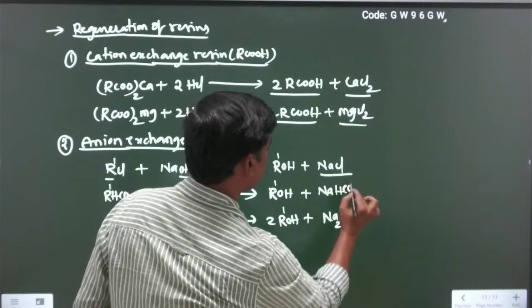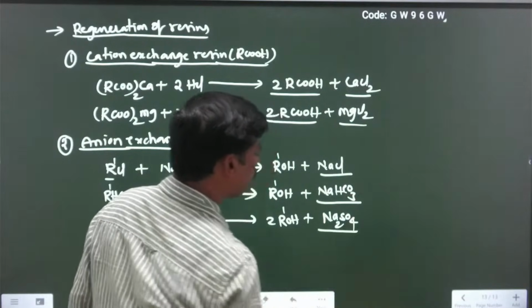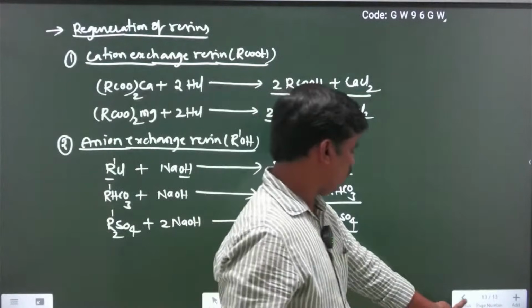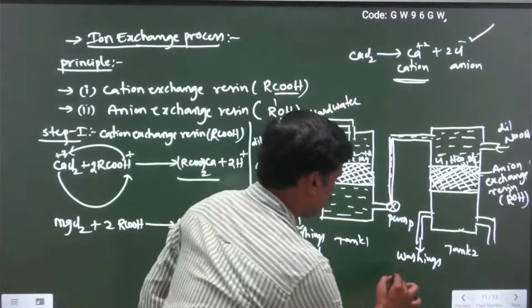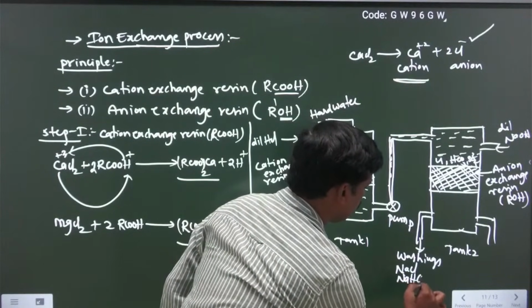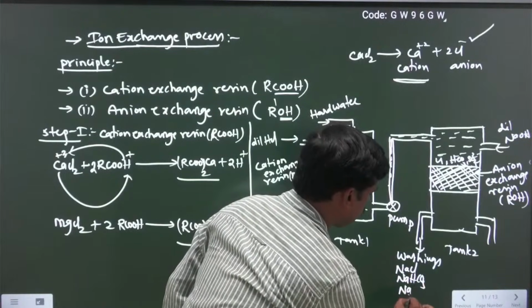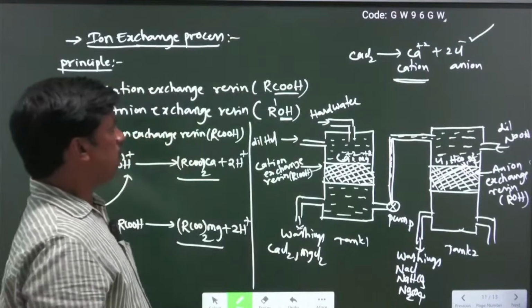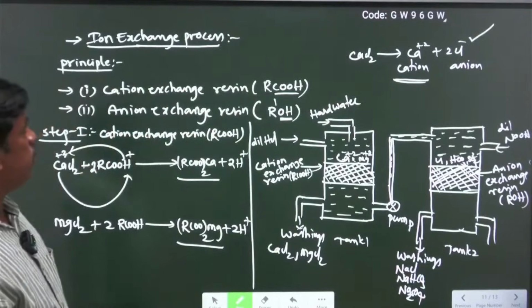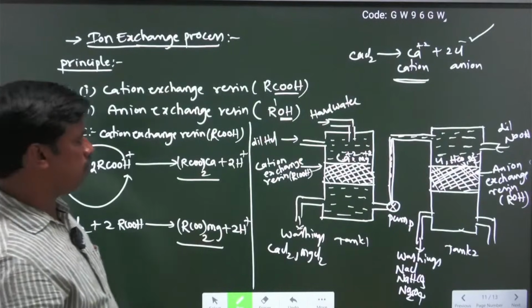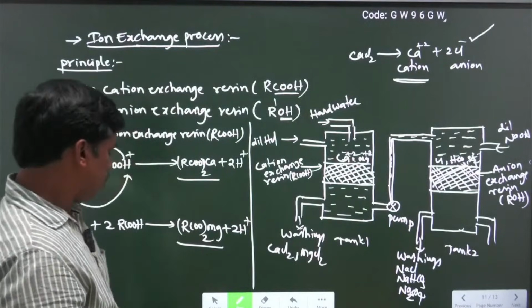All this NaCl, NaHCO3, Na2SO4 leave with the washings, meaning they are removed from these areas. This is the complete information about the ion exchange process. From an exam point of view, it is very important.